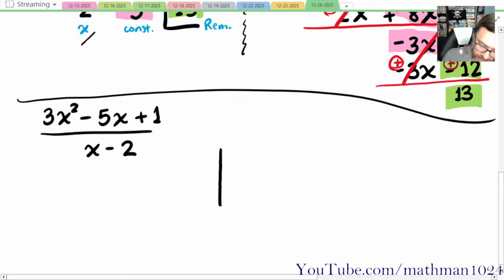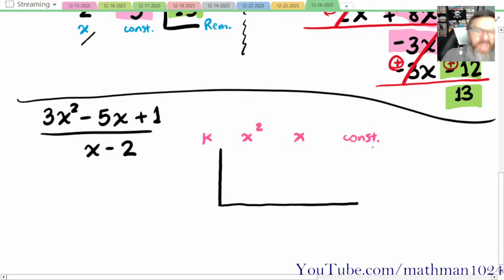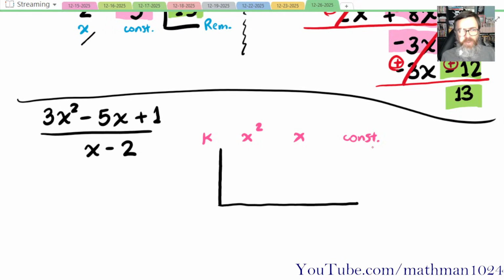So I'm going to set that up over here. Remember, make sure you have enough room for 2 rows of numbers in there. Up above, I'm going to write my headings. So I've got my k value, then I have x squared, x going down to my constant. What we're going to find out here is that when we're doing our headings, you can't skip degrees. So if the largest degree term you have is degree 4, you have to have a column for x to the 4th, x to the 3rd, x squared, x, and then your constant.